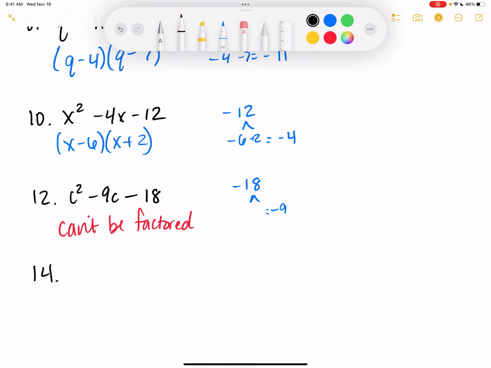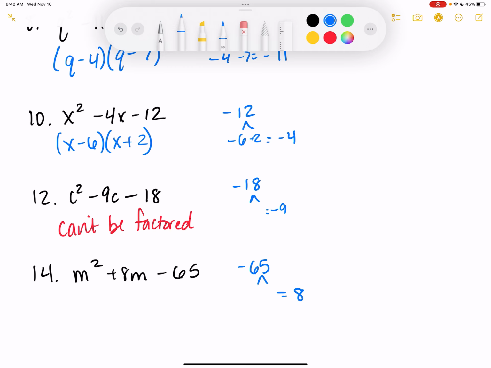14. m squared plus 8m minus 65. So I need factors of negative 65 that add up to give me 8. 13 and negative 5.